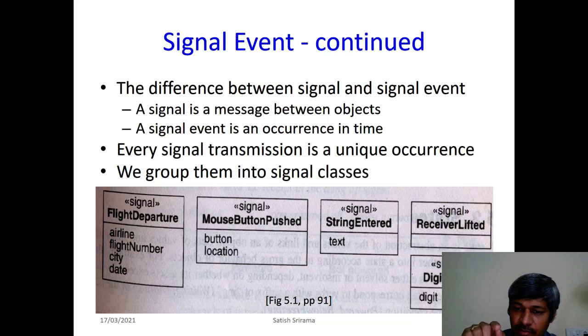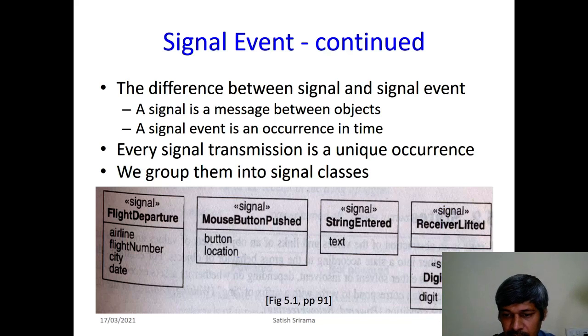Which button you click, left or right, and the location, which part of the screen, for example which pixels. Similarly, if a signal is string entered, the attribute will be the text you have entered. Even receiver lifted from a phone is also a signal.